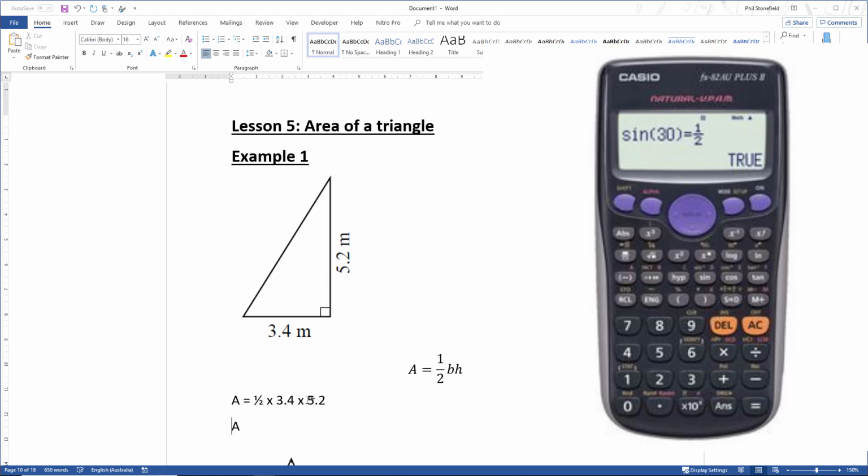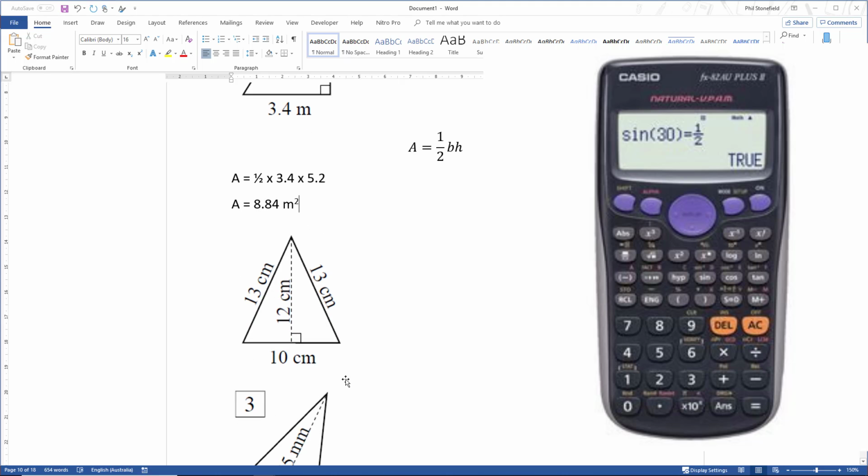Now that we know that, we get out our calculator, and we plug in half times 3.4 times 5.2, and that equals 8.84. Now, remember, we need our unit, so we're going to say that that's meters, and remember, it needs to be squared. 8.84 meters squared. That is the units for area.